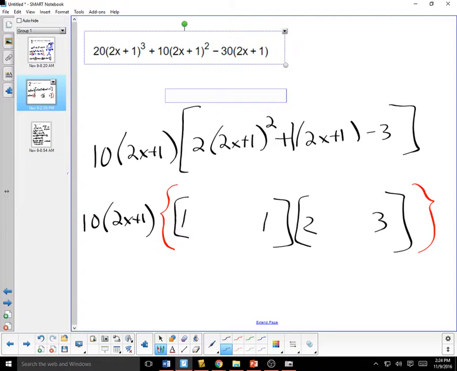Did I miss something? Oh, no, I didn't. This is going to be a negative 1 here, and that's going to be a positive 3. And then this is going to become 2x plus 1, 2x plus 1, and there's your factor form.